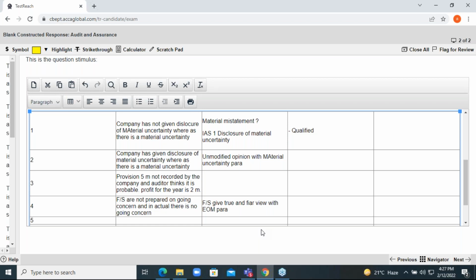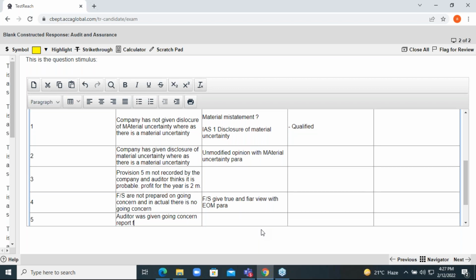Now, the auditor was given a going concern report for only 8 months.